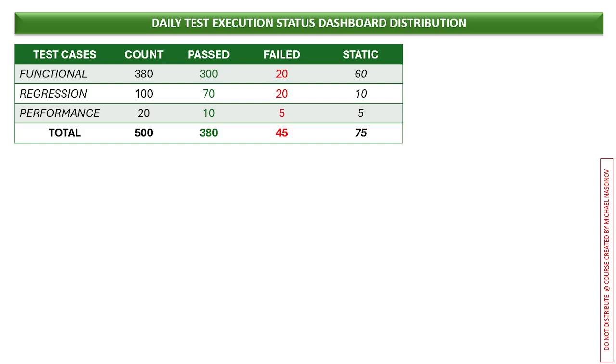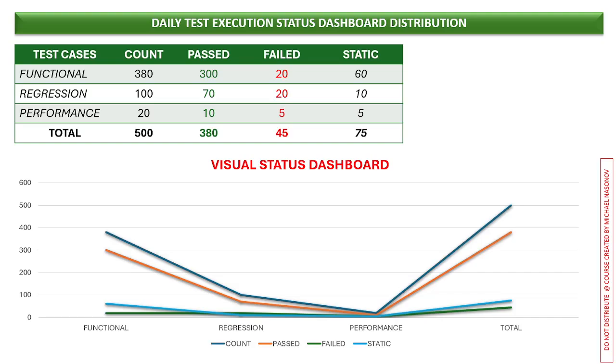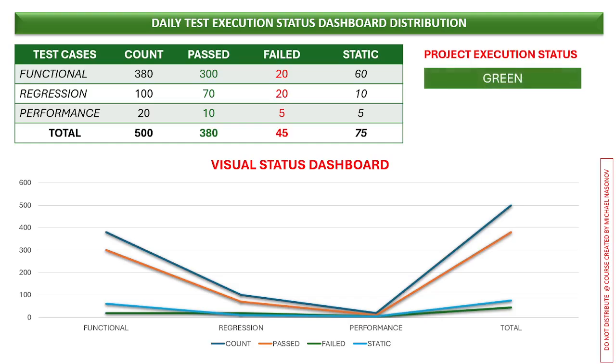You might enhance it with some kind of visual dashboard, which somebody might like. However, most importantly, you have to supply your daily project test execution status. Only 3 states. Green, which means that your testing project is on go and you are on schedule, you are in line.